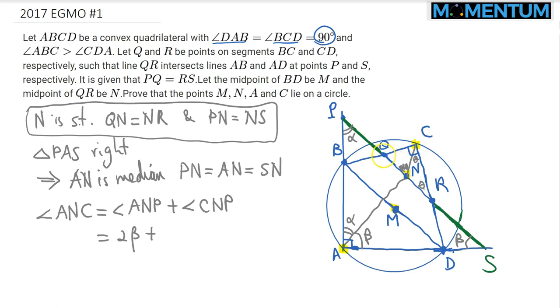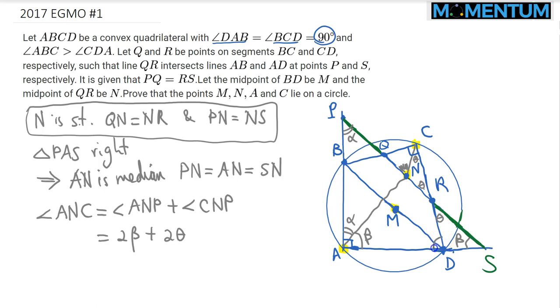Why? Because CQR itself is a right triangle, and CN is a median in that small right triangle. So they are both theta, which means CNP is just 2 theta. So angle ANC is just 2 beta plus 2 theta.